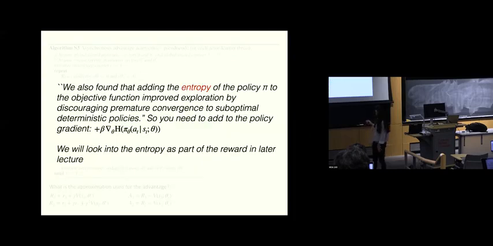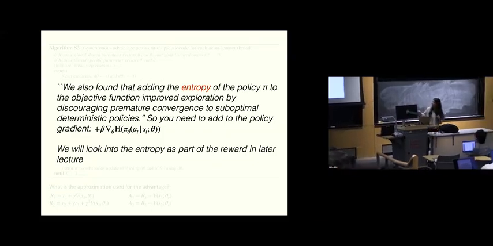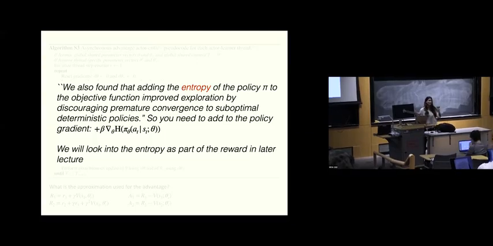Now, here is a small trick. When you will be implementing this method, if you read the paper carefully, you will find this sentence: "Where we were taking policy gradients, we found it advantageous to also add the entropy of the policy to the objective for improved exploration." So essentially, H of pi theta is the entropy of the policy, and you take a gradient to make sure that the entropy of the policy is high.